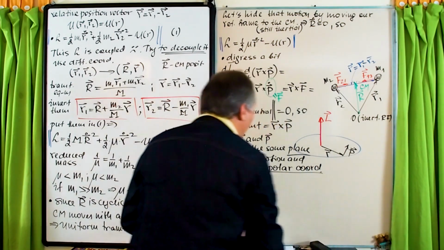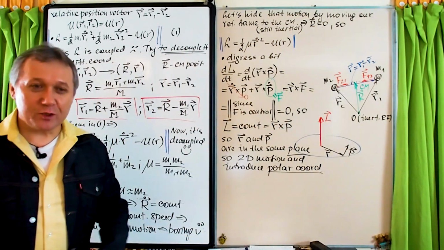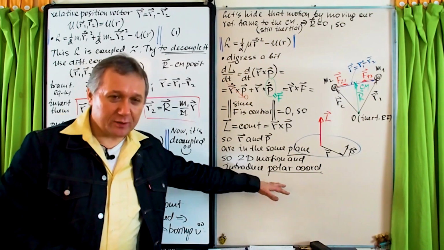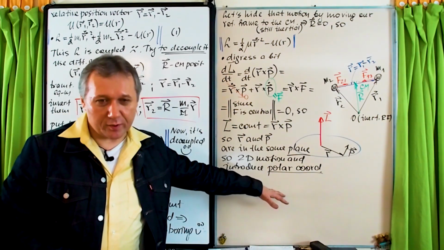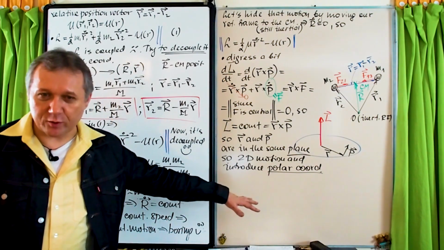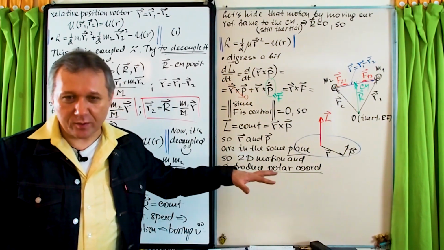Basically, the goal of this digression is to show that the motion is two-dimensional, and we can use polar coordinates.